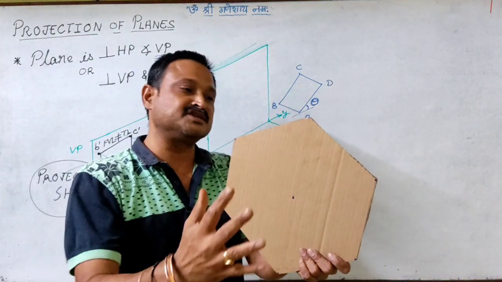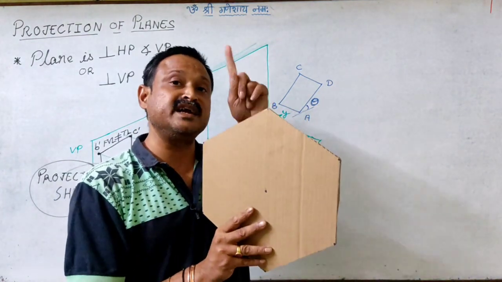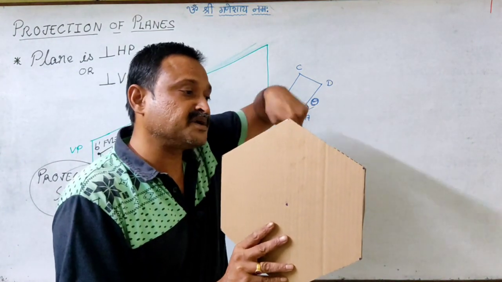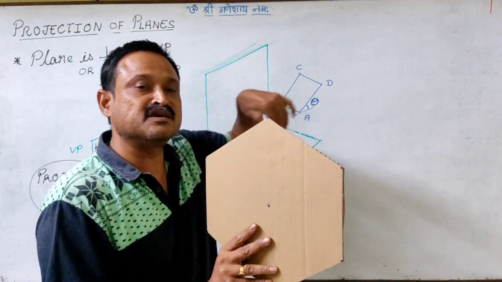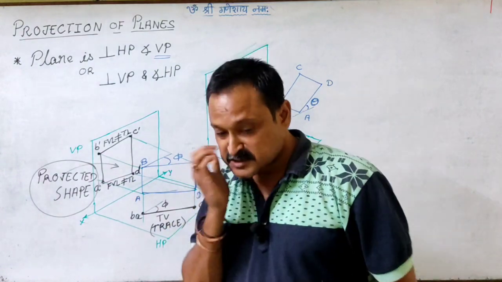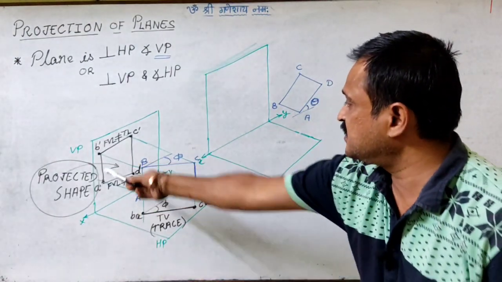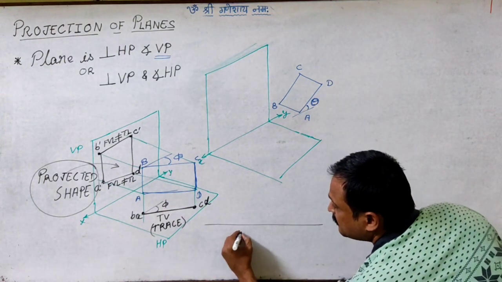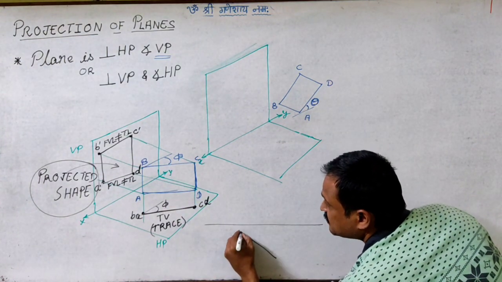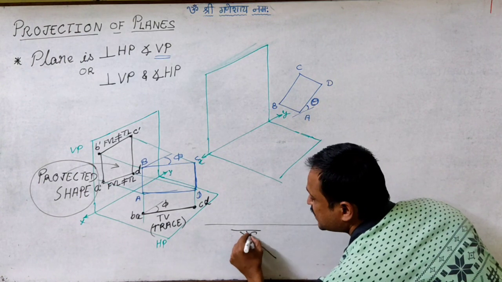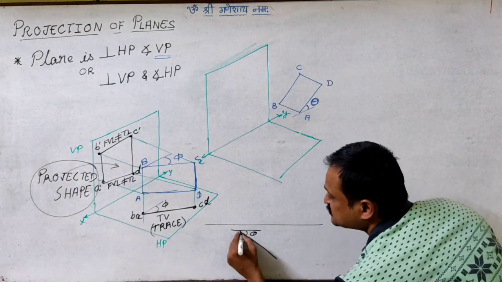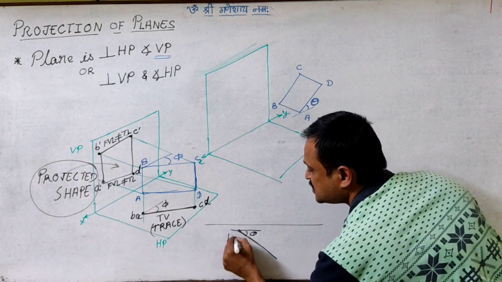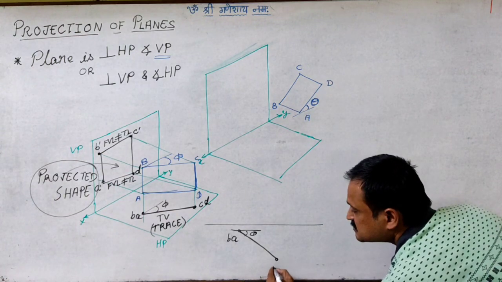Rather, you are able to see the projected shape. Why has it happened? Because this has become inclined to the vertical plane, right? So the orthographic image of this will be, I am getting the trace to be inclined at phi. So this was BA and this is CD.